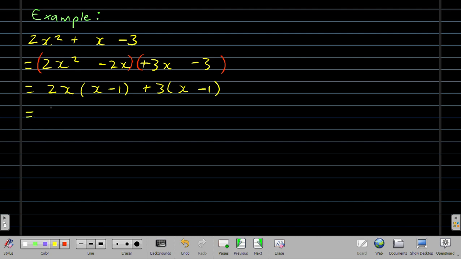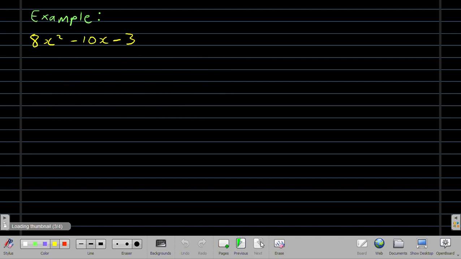And again, we take out a common factor of x minus 1, and we're going to be left with 2x plus 3. And again, very quick and easy, much faster than the previous method. Would you agree? Alright, now let's move on to the last question.